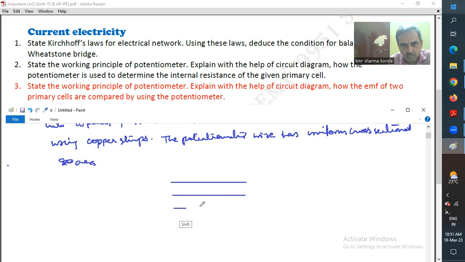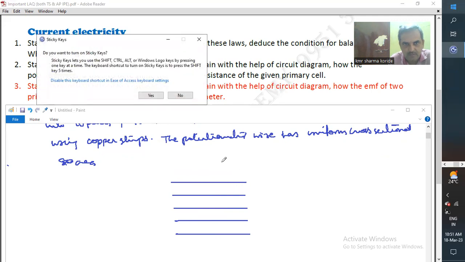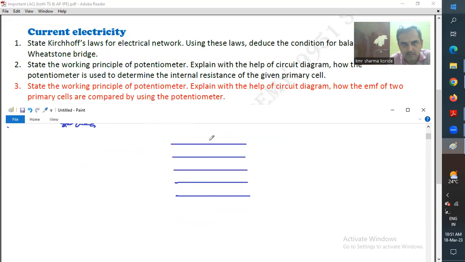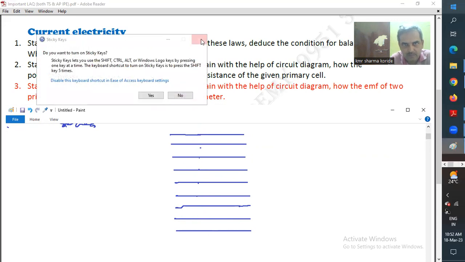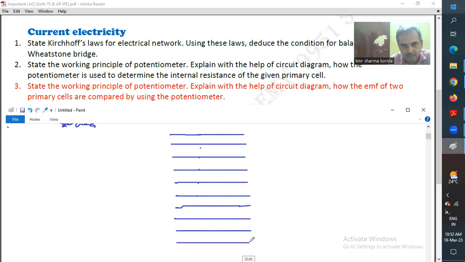1, 2, 3, 4, 5, 6, 7, 8, 9 and 10. So how this is connected: it is connected with copper strips.